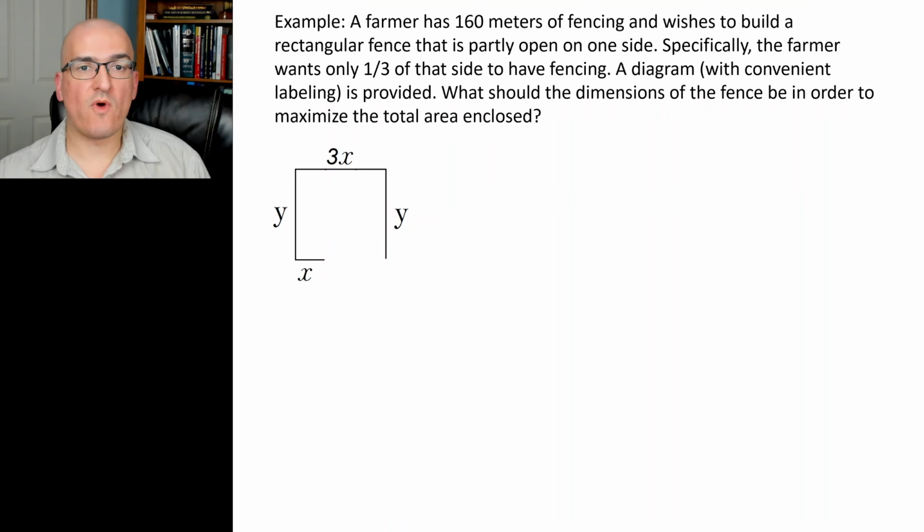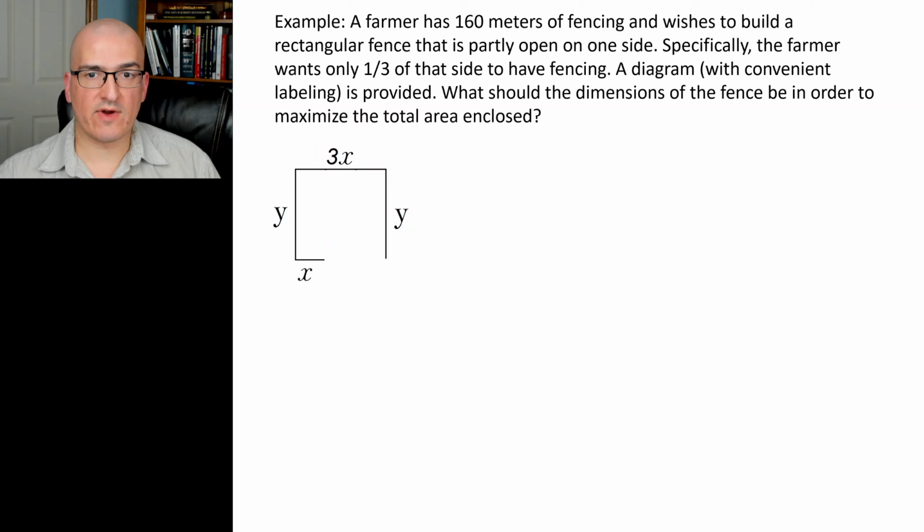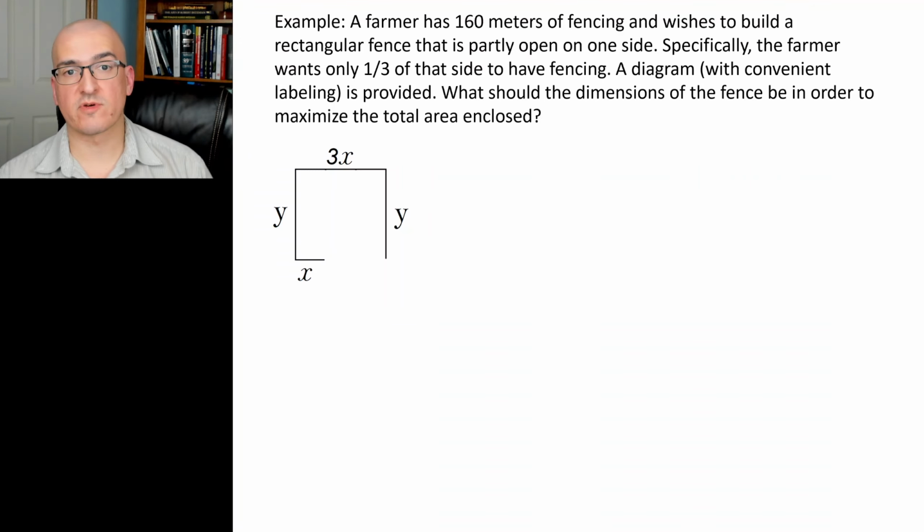Instead, this farmer wants the fence to be not fully enclosed, only 1/3 enclosed on one of the sides. This problem comes with a diagram, and a very convenient labeling that avoids fractions. So instead of calling the top side x and the bottom part 1/3 x, the top side is called 3x and the bottom side is called x. We have to be careful interpreting our answer, that's all.